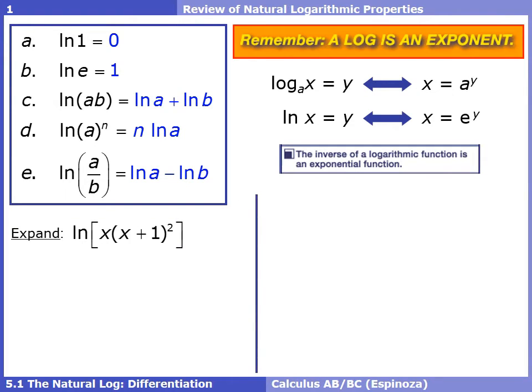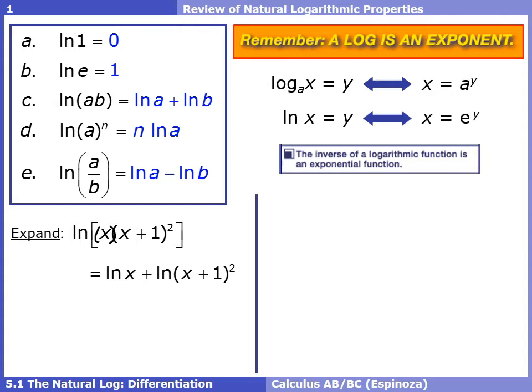Okay, so let's practice using a few of these properties real quick. We're going to need to use these throughout this course, so we might as well practice using these. Here we have ln of x times (x plus 1) squared. We're multiplying two different things, so we can separate this into two separate natural logs with a plus in between them.